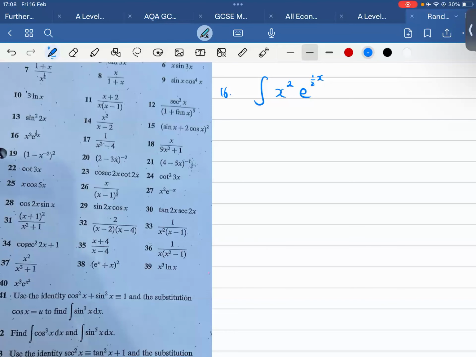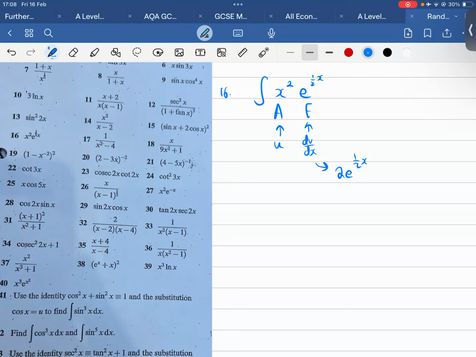So for this question, there's two things multiplied by each other, so it's going to be integration by parts. X squared is algebraic and that's exponential, so that would be my u, and then that would be my dv by dx. When you integrate that, you get 1 over a half, so 2e to the half x, and then you just apply the formula.